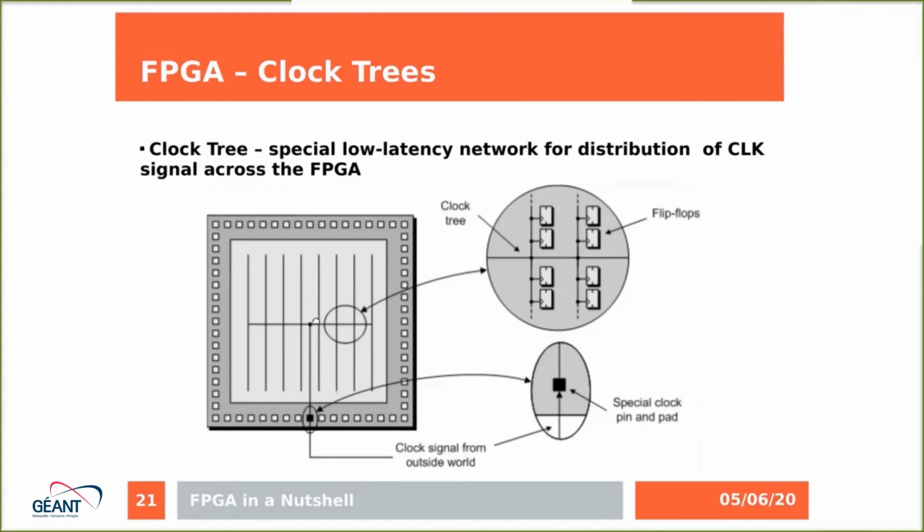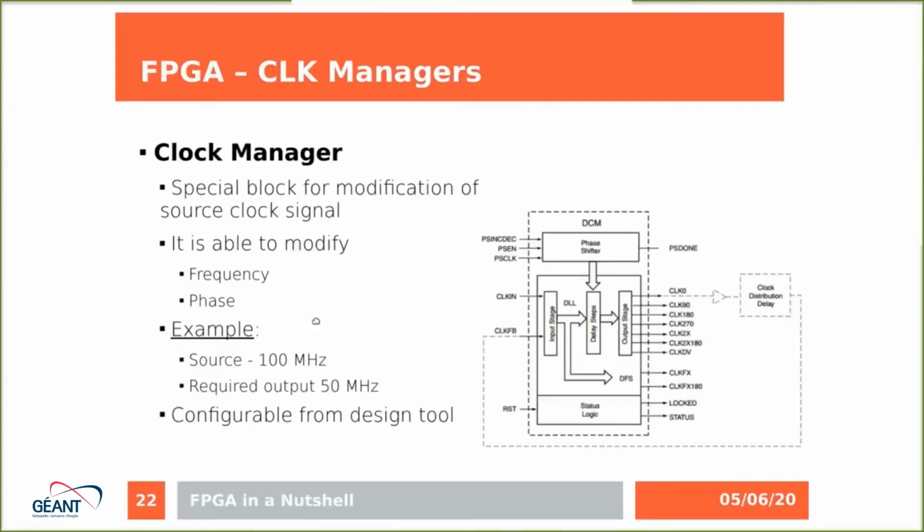The FPGA also contains the clock manager, which is a special block for modification of the source clock signal, because very typically you have a source of the clock signal on the board. Let's say that the generator generates a signal at a frequency of 100 megahertz, but you want to run your design at half the frequency.